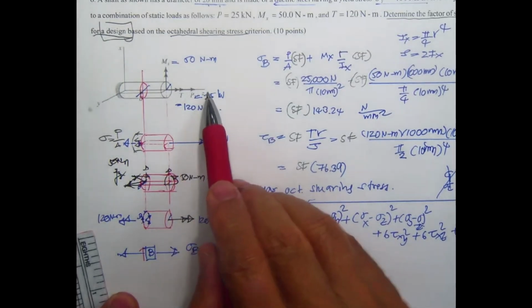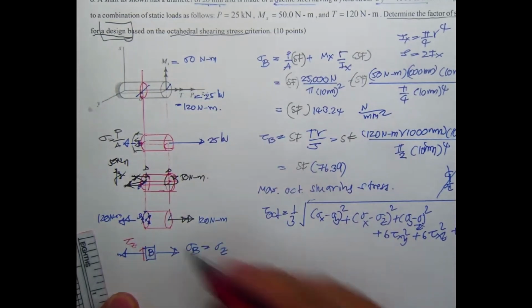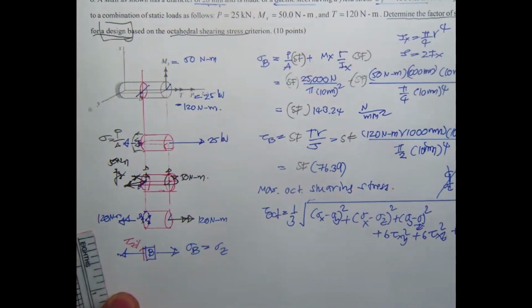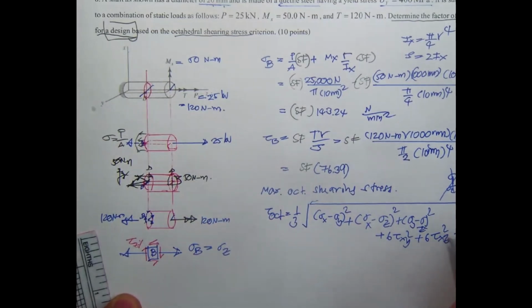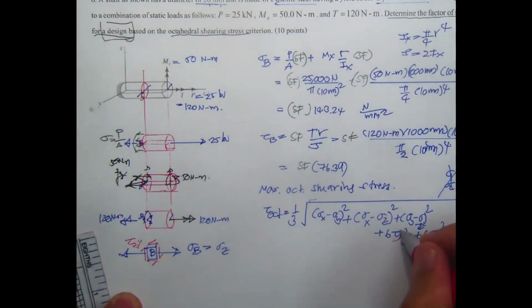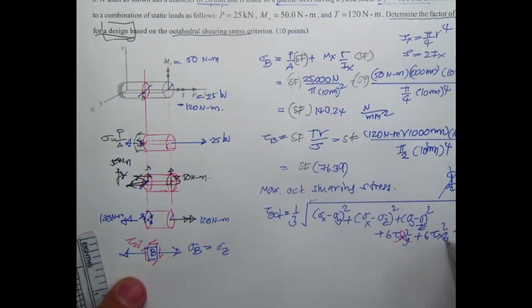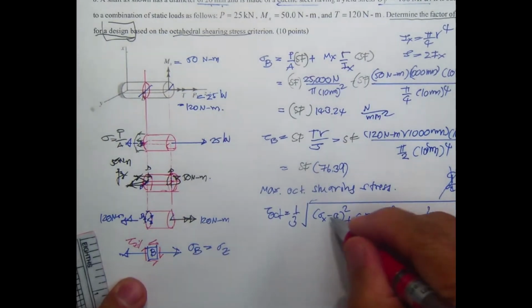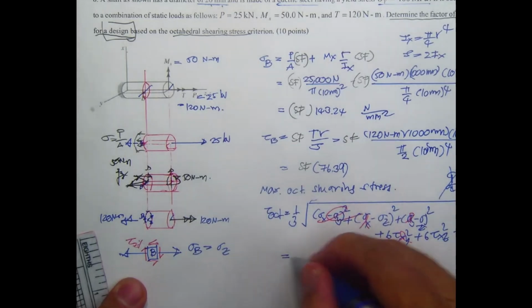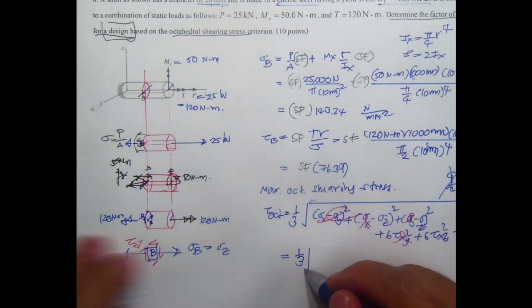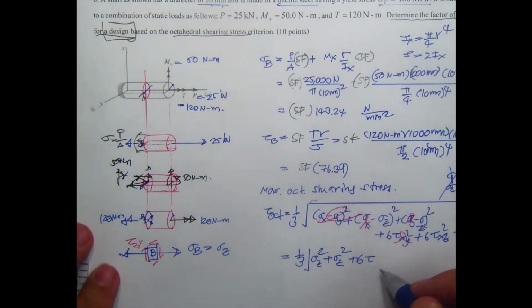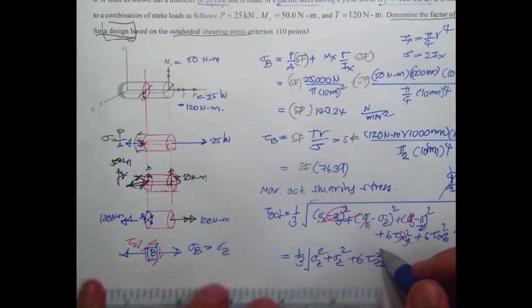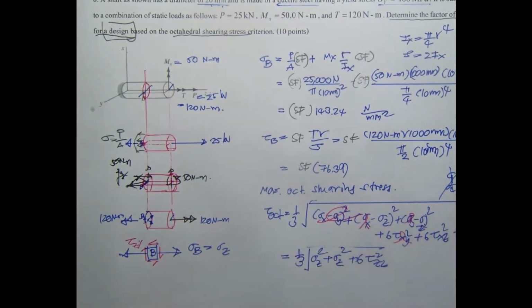This is perpendicular to C. So only tau XC and CX exist, and the others are zero. So this is going to reduce to 1/3 of the square root of sigma sub C squared plus sigma sub C squared plus 6 tau sub XC squared. Our equation is reduced to this one.